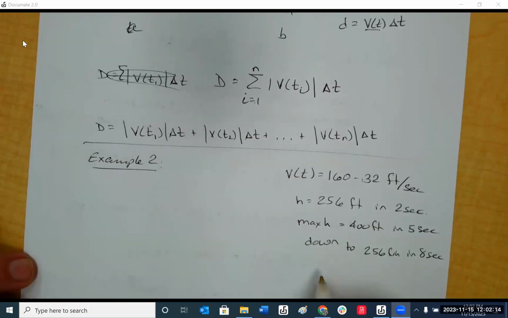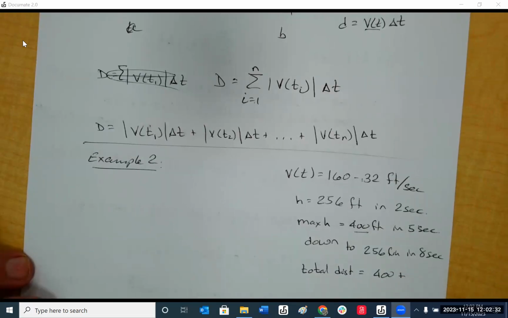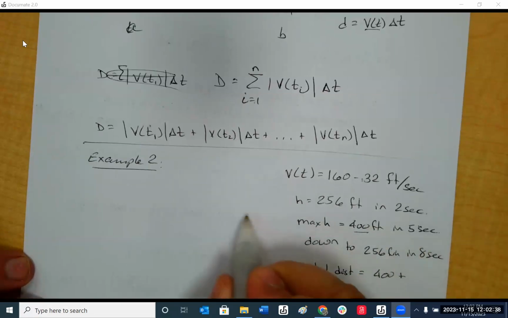The total distance traveled is the maximum all the way up. The distance from 400 to 256.